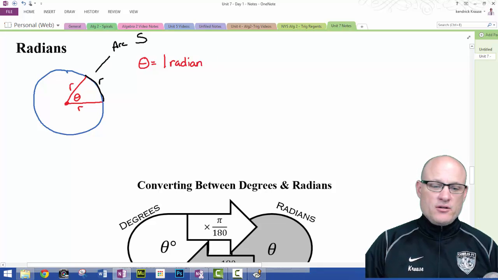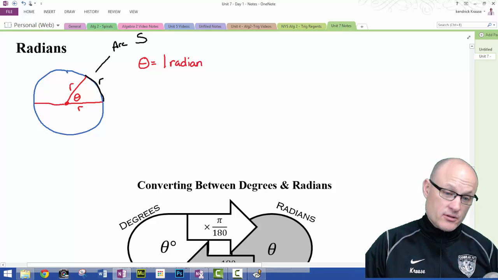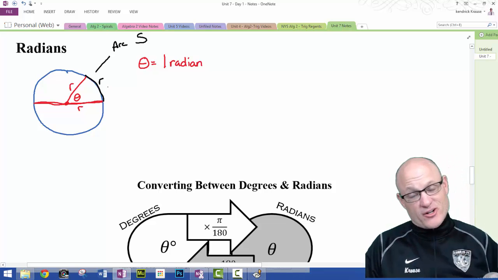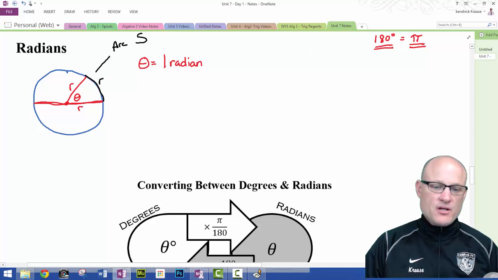Now, this radius, when laid out once, twice, and over to here, would be 180 degrees, and later on we're going to find out that 180 degrees, I'll write it down here for you, is the same as pi. So this is the degrees, this is the radians. They're equal or equivalent. What do you call the distance all the way around a circle?